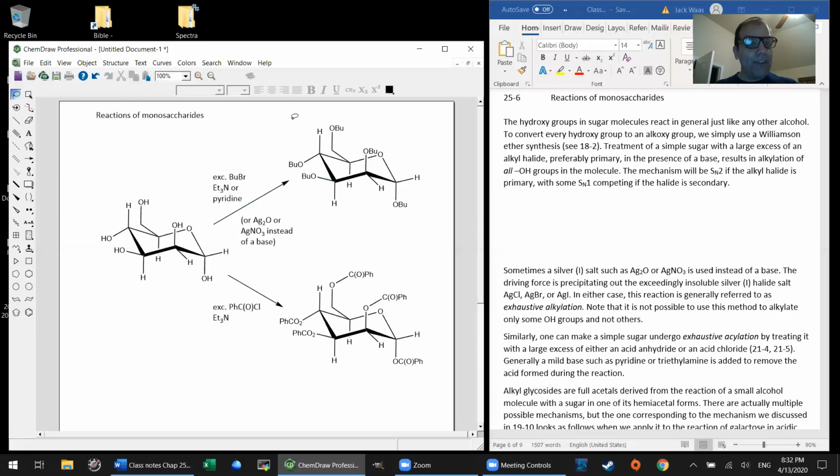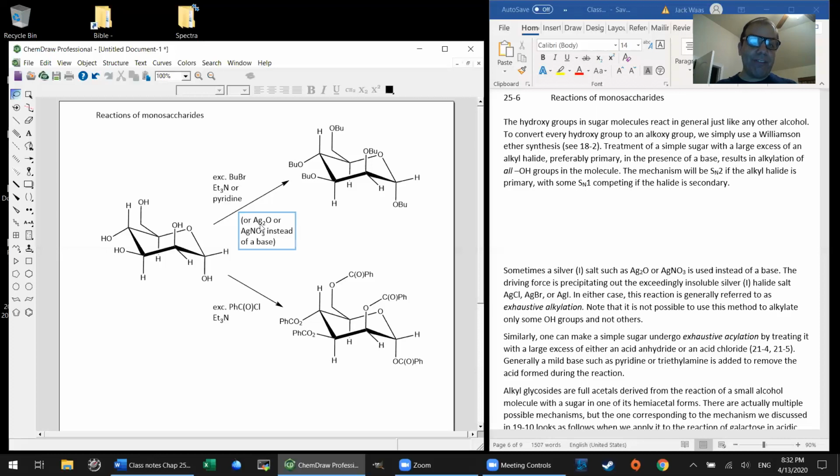A variant on that, and I don't think you even need base, is you can add a silver(I) salt, like silver(I) oxide or silver(I) nitrate. Remember that the silver(I) ion really, really loves halides, and they form exceedingly insoluble precipitates. So that will drive the equilibrium forward by removing the halide ions from the mixture.